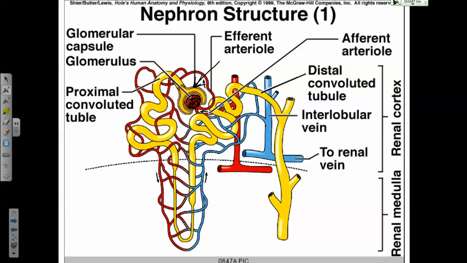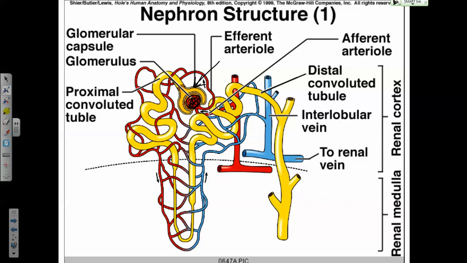If you could imagine a balloon representing a Bowman's capsule that did not have a whole lot of air in it, but had some, and your fist represents a glomerulus, and you pushed your fist onto the balloon and tried to move it in, do you see how part of the balloon would cover your fingers? That would be like the visceral layer of the Bowman's capsule. And then where the air is would be the space the fluid moves into. And then you have the parietal layer, the outside. So that's kind of how it's positioned.